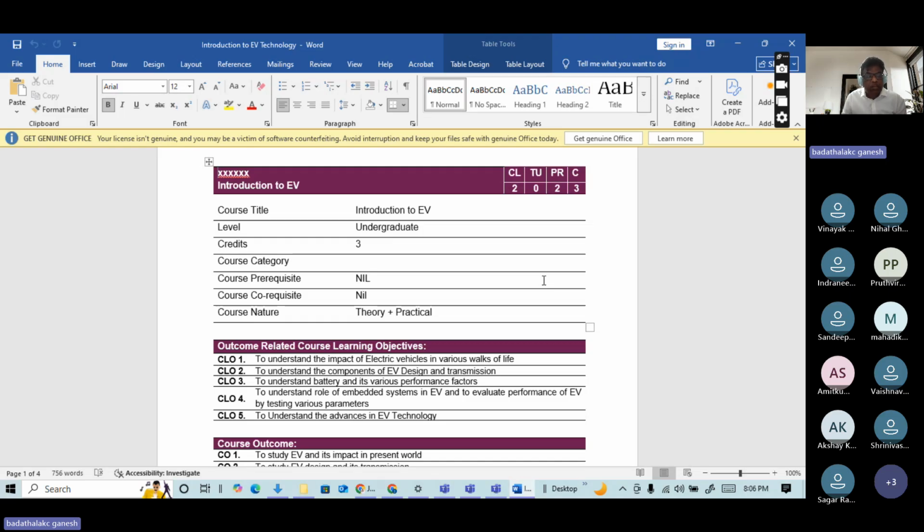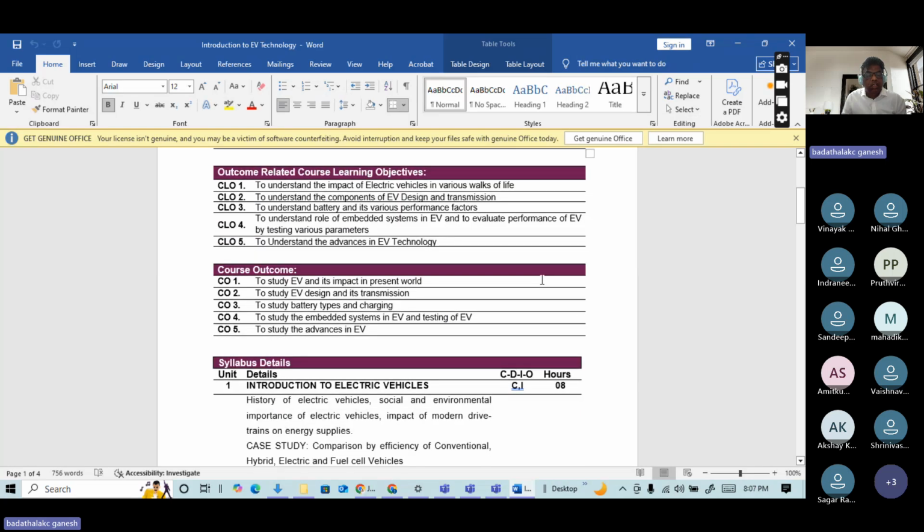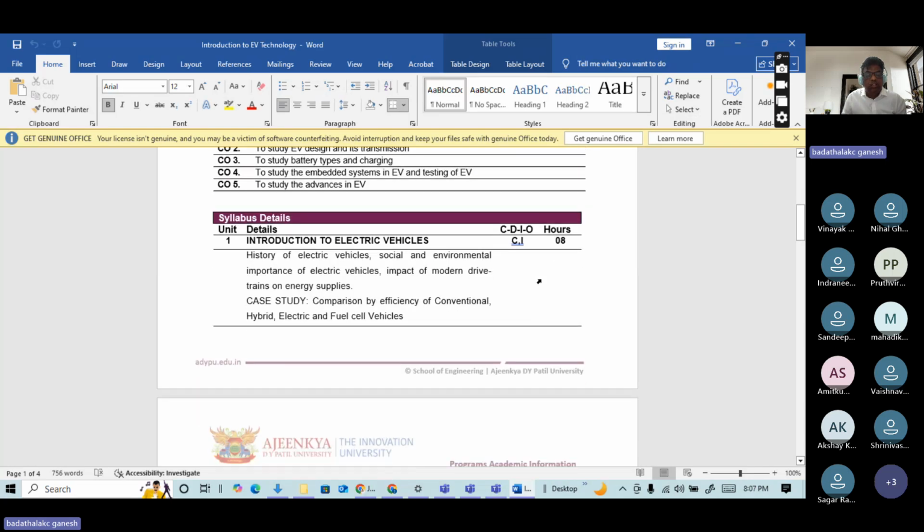What is a battery management system? What is SOH, SOC, and various parameters that designate the battery, all these things we are going to see. So these are the CLOs and COs, course objectives.